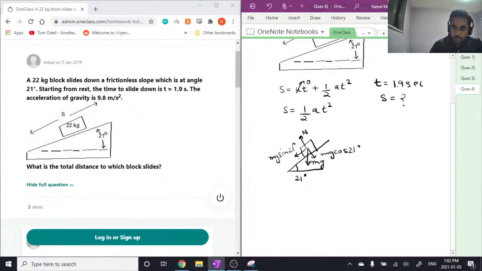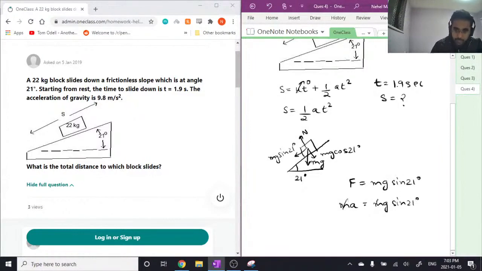If we look at the sum of forces along the surface of the plane, we only have mg sine of 21. Therefore, F equals mg sine of 21 degrees, and F equals ma equals mg sine of 21 degrees.